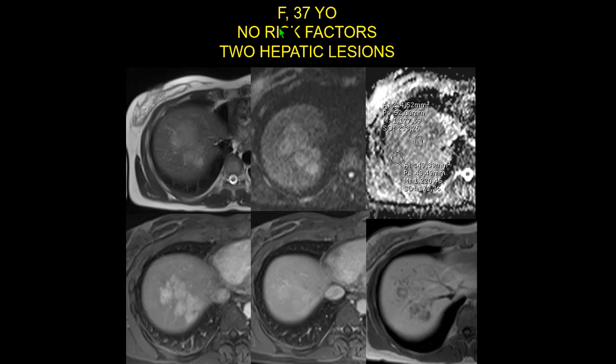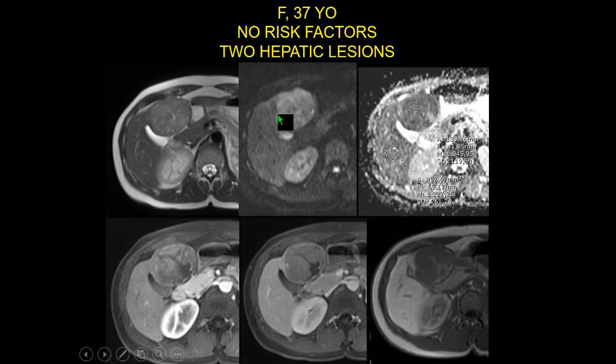I want to wait 5-6 minutes to see what happens. Then I take the hepatobiliary phase. So these 2 lesions: one not much restricted, hyper-enhancing, no washout, and in the hepatobiliary phase most of the lesion is isointense, only some parts are hypointense, in the central part. So this is one of the behaviors of FNH.